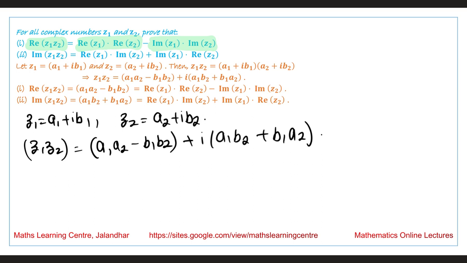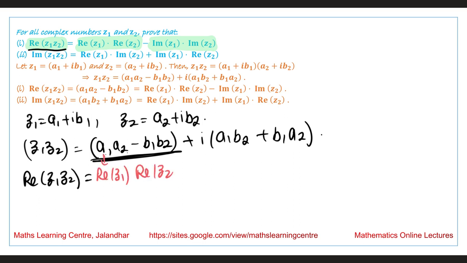So when we talk about the real part of z1 z2, it is a1 a2, where a1 is the real part of z1, into real part of z2 minus imaginary part of z1 into imaginary part of z2.